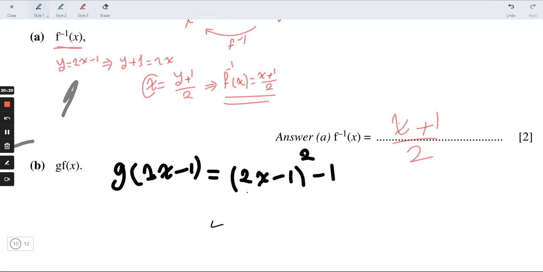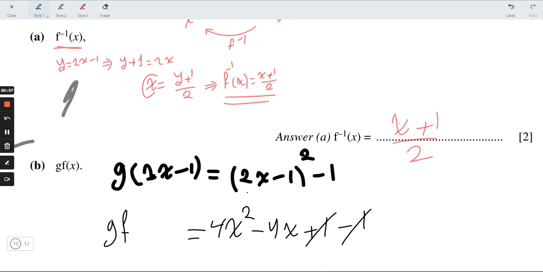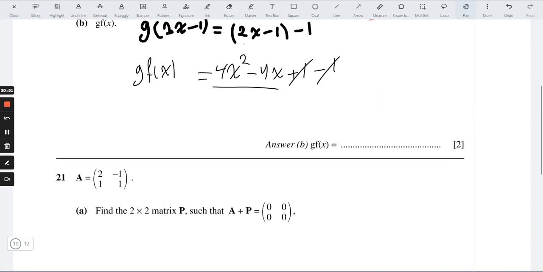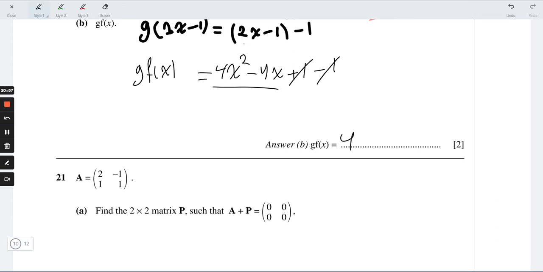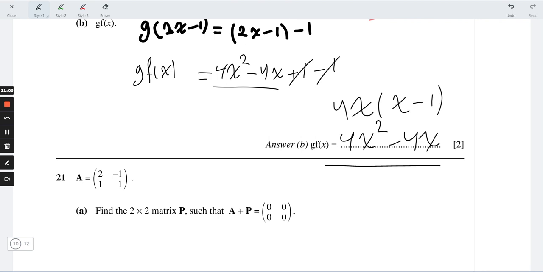So we have 4x squared minus 4x plus 1 minus 1. This will be cancelled. So g f of x equals 4x squared minus 4x. So this is the composite function, and we should write it here: 4x squared minus 4x. If you want to rewrite it like 4x and then x minus 1, also acceptable.